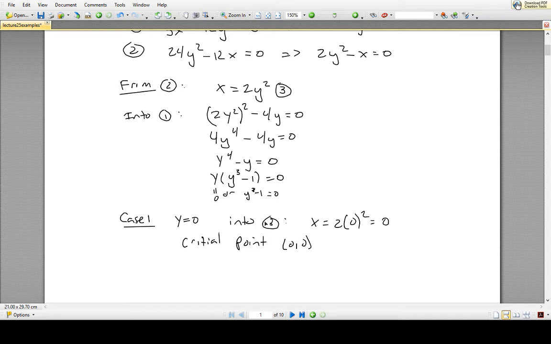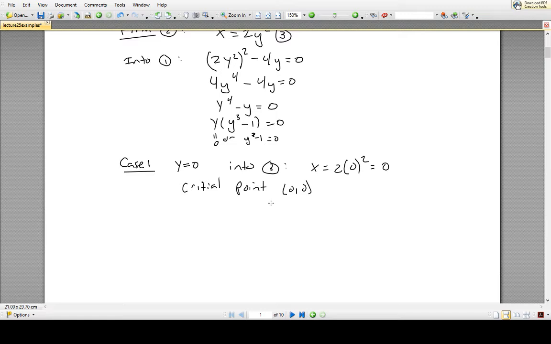Okay, case 2. That's the case where y cubed minus 1 was equal to 0. I can rearrange that and make it y cubed is equal to 1, which means y equals 1, the cube root of 1.